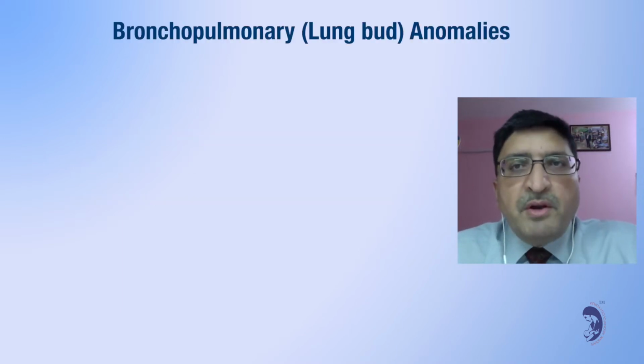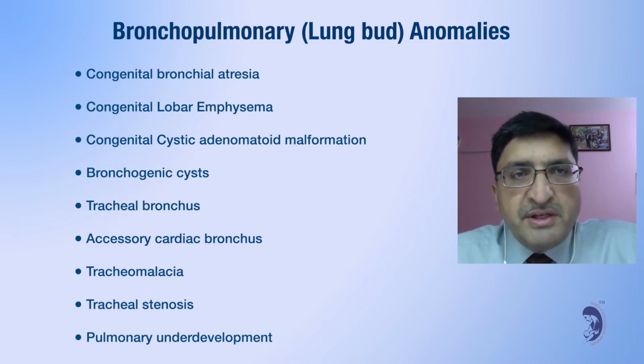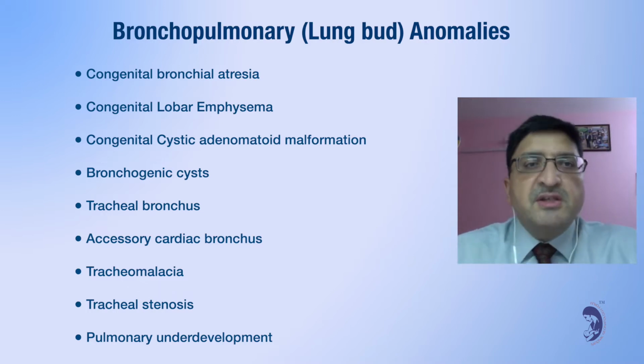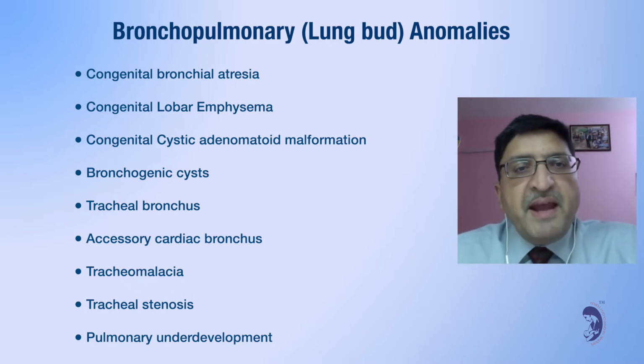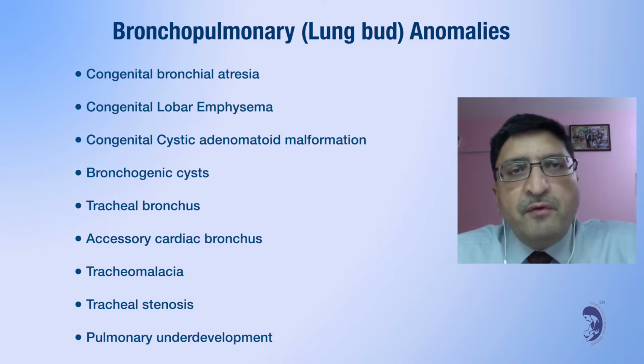So the bronchopulmonary anomalies are the following. First, congenital bronchial atresia, congenital lobar emphysema, congenital cystadenomatoid malformations, bronchogenic cysts, tracheal bronchus, accessory cardiac bronchus, tracheomalacia, tracheal stenosis, and pulmonary underdevelopment. Let's talk a few slides about each of these pathologies.